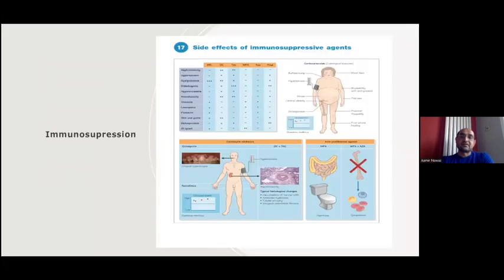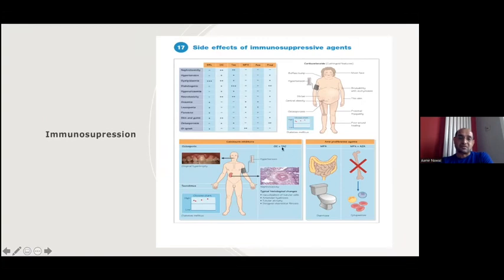The second is about immunosuppression. Just a brief touch on immunosuppression. Immunosuppression in solid organ transplant is mainly based on three things. The first is calcineurin inhibitors, which are tacrolimus or cyclosporin.